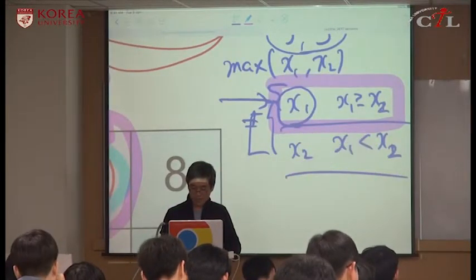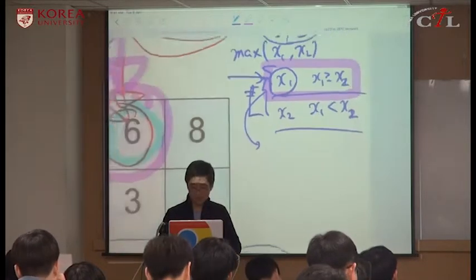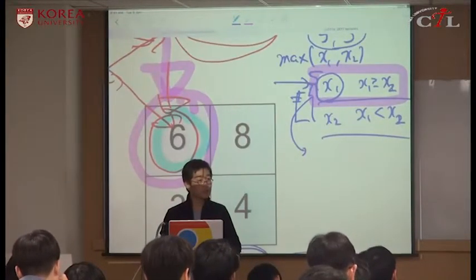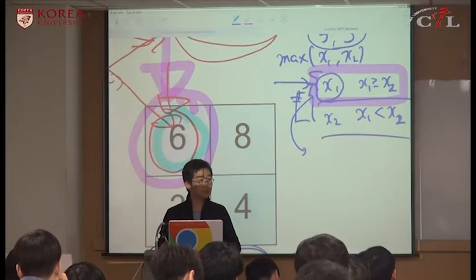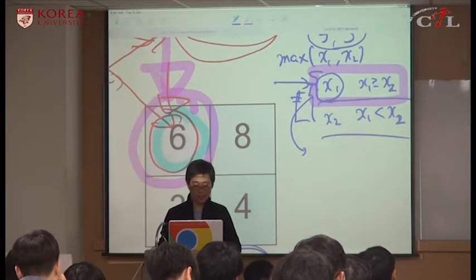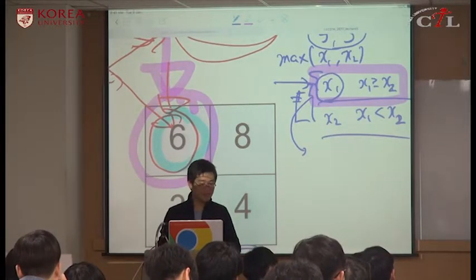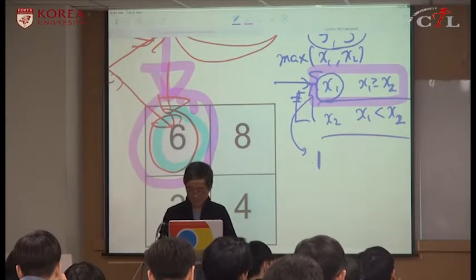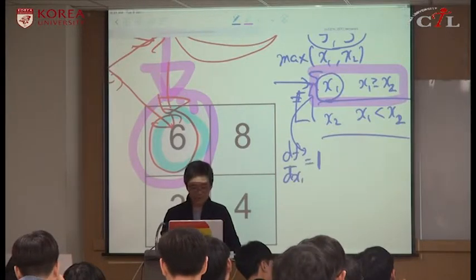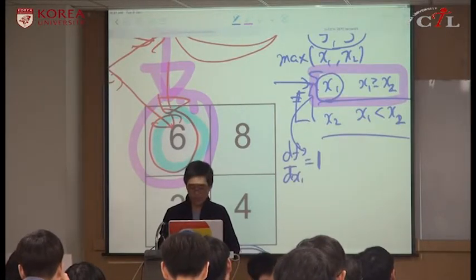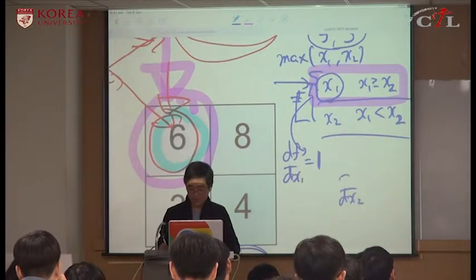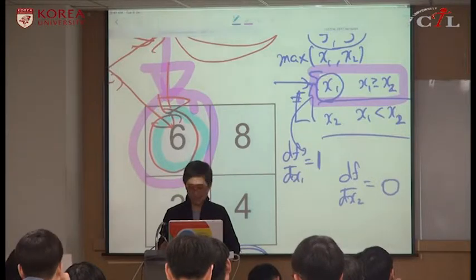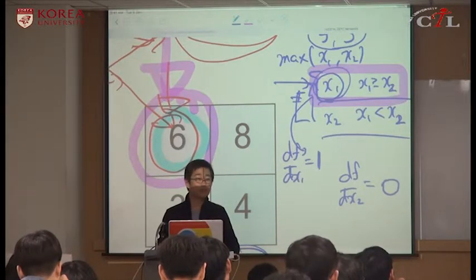So what is our partial gradient with respect to x1 and x2, because we have two input nodes? df over dx1 will be 1, and df over dx2 will be what? 0, because it doesn't involve x2 at all, right?